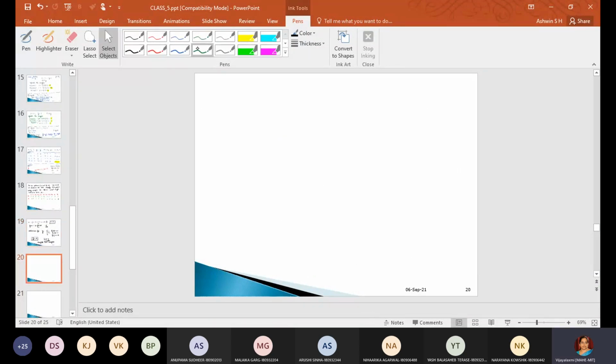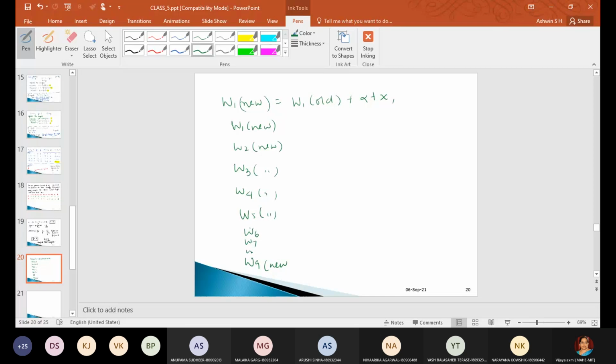The formula is W1 new is equal to W1 old plus alpha t into x1. So you calculate W1 new. Similarly W2, W3, W4, W5, like this you calculate up to W9: W6, W7, W8.